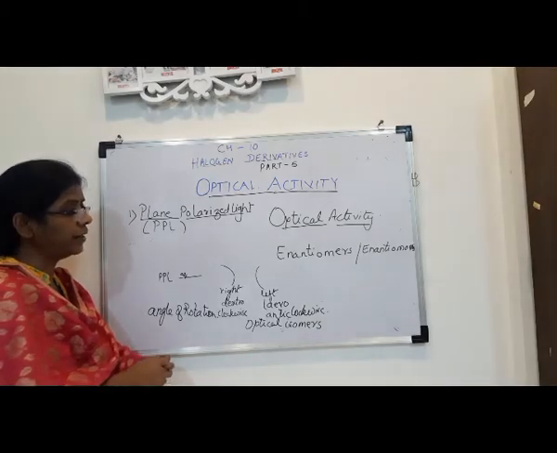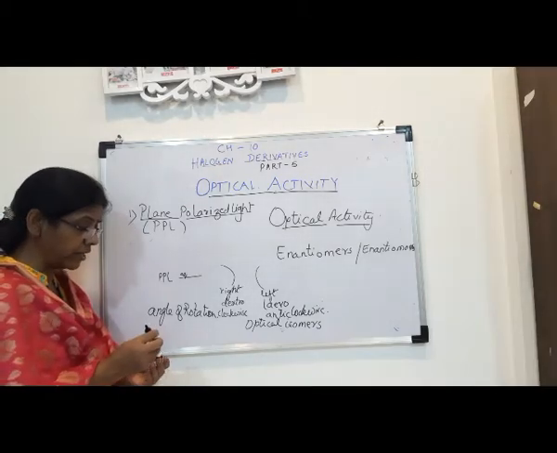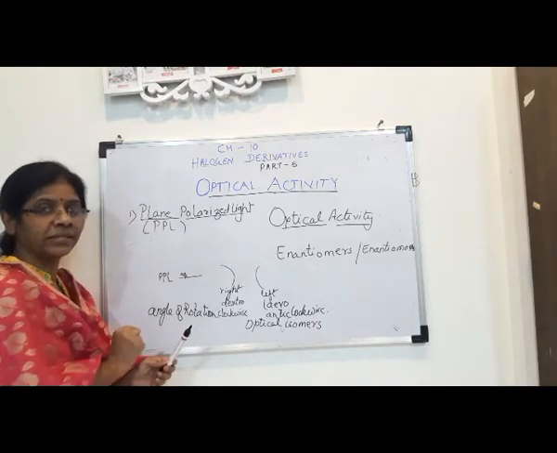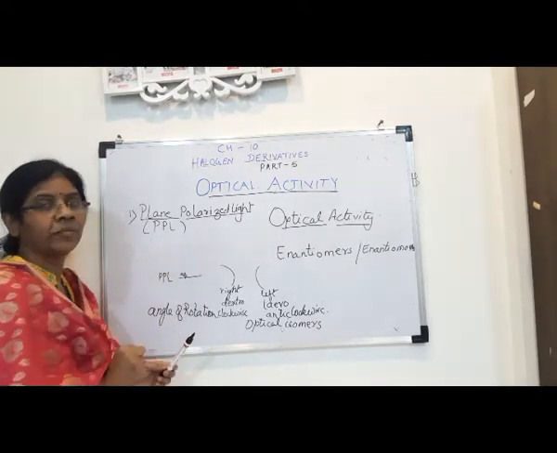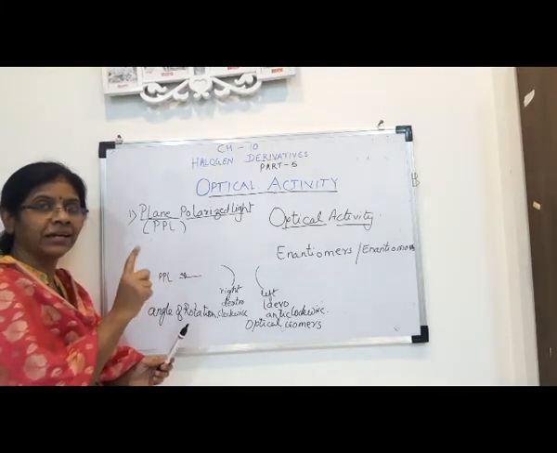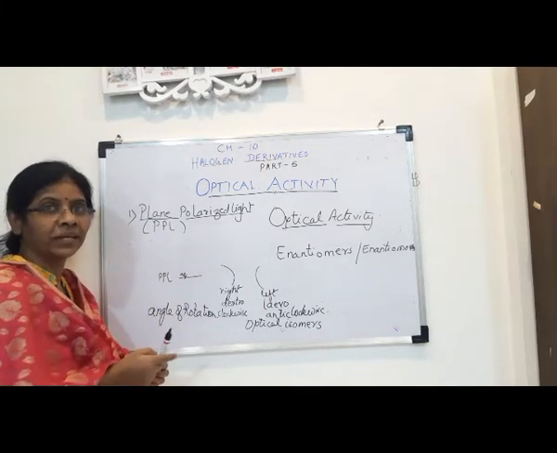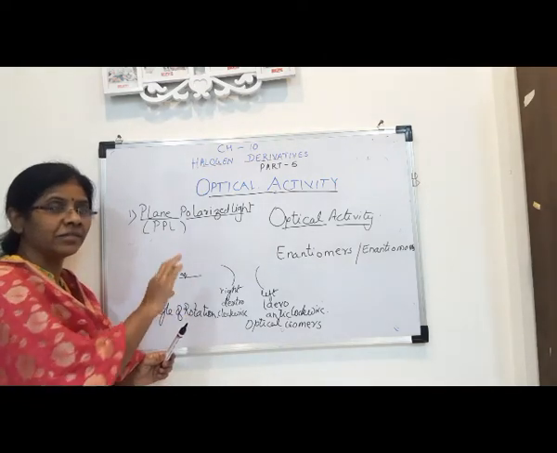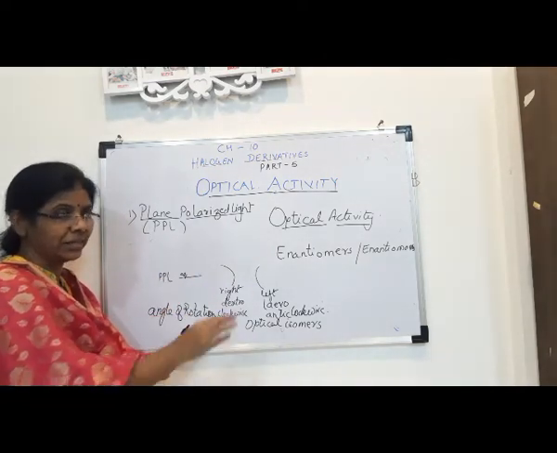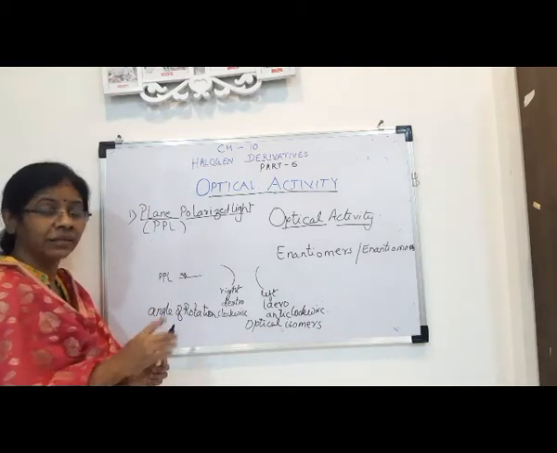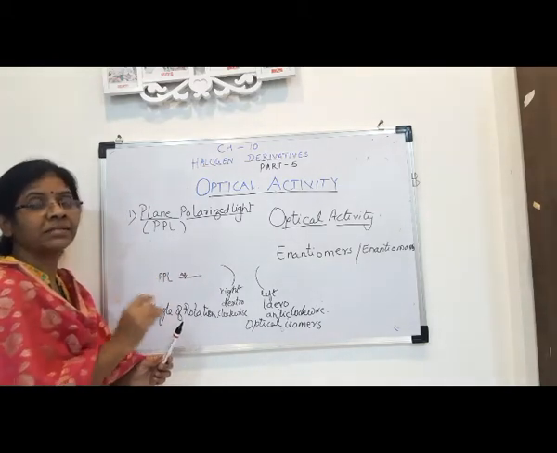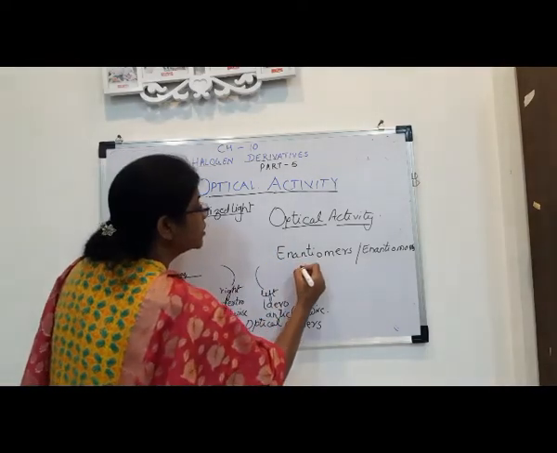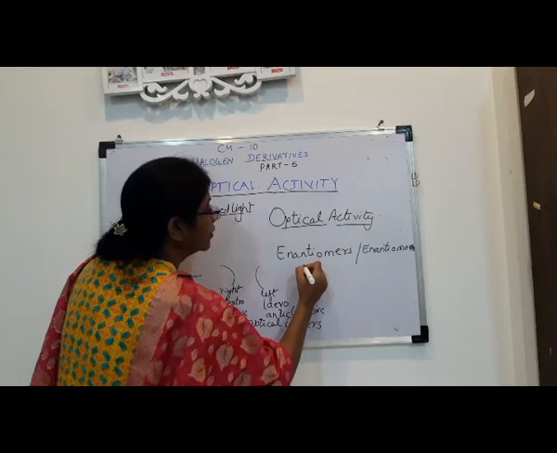Now, what are enantiomers? They are optical isomers. The molecular formula is the same and the structural formula is the same. They differ only in their optical activity, that is, one rotates the plane of plane polarized light to the right, the other to the left.